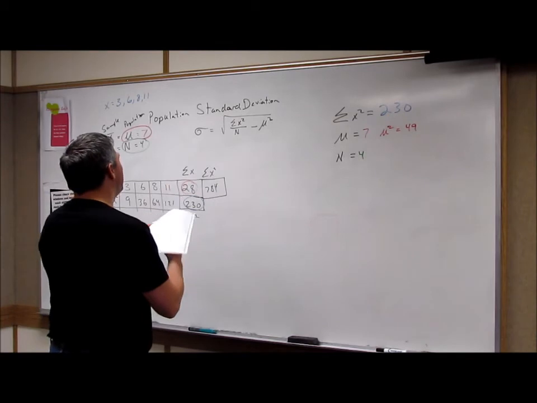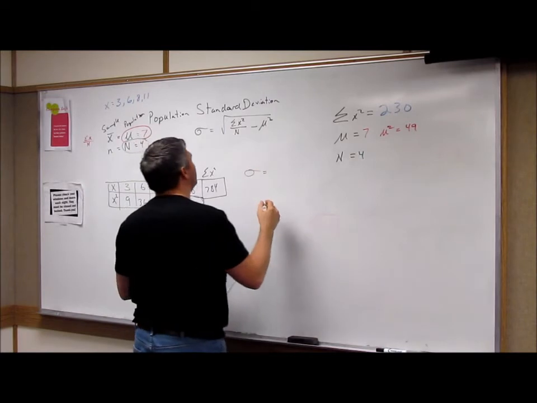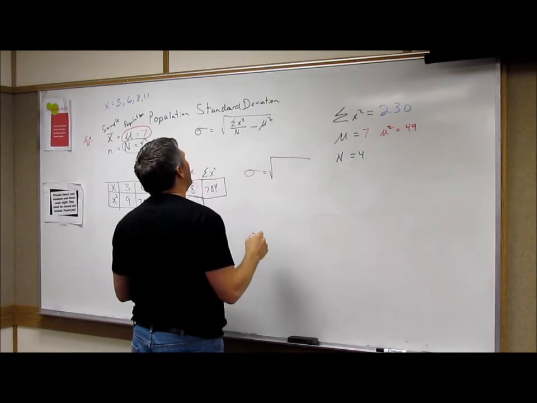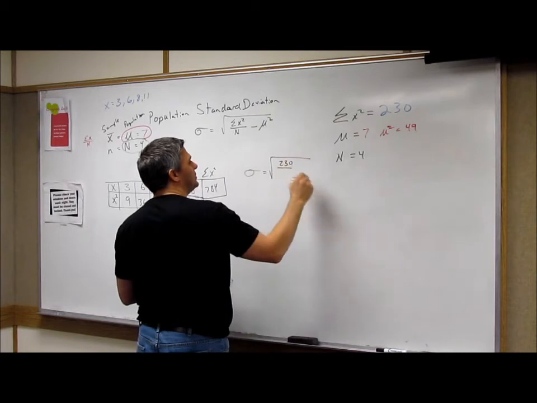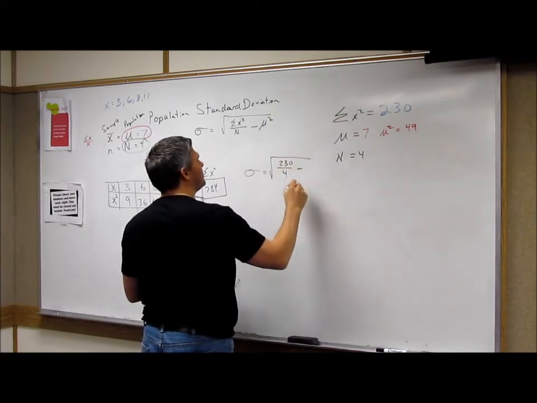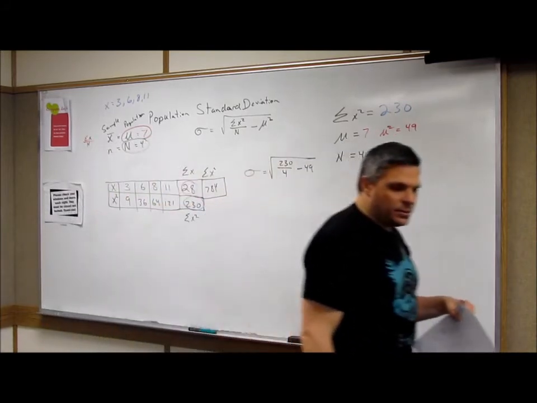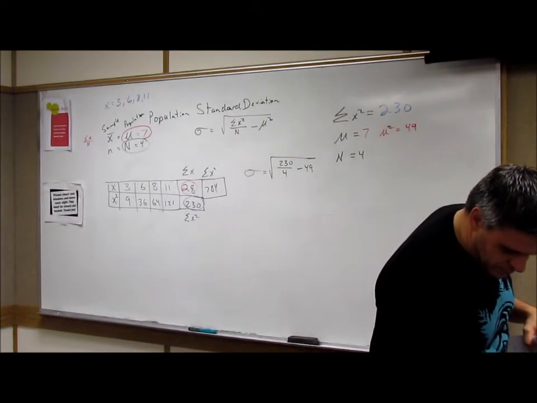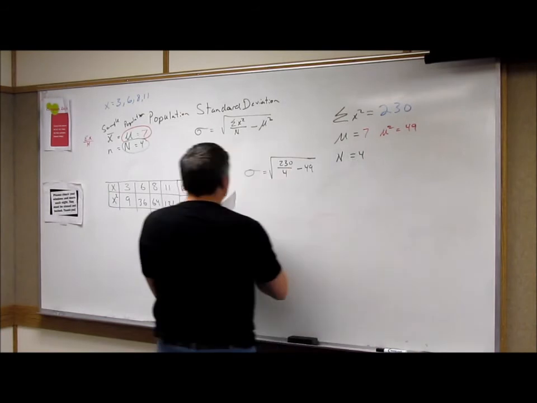The actual math is that little sigma is equal to the square root of 230 divided by 4 minus 49. So we take 230 divided by 4, and we get 57.5.